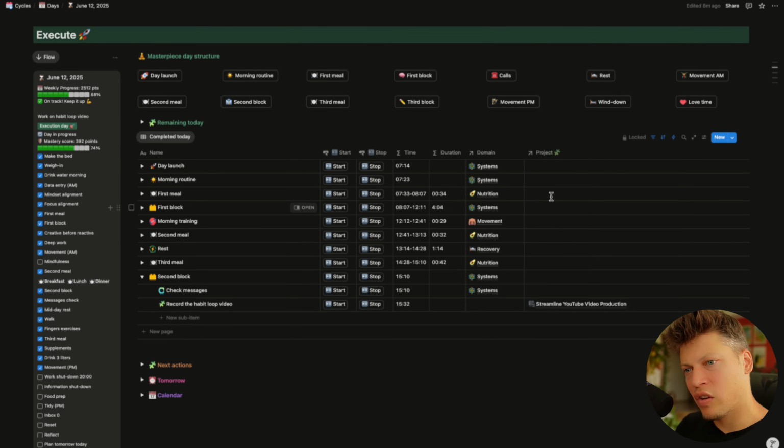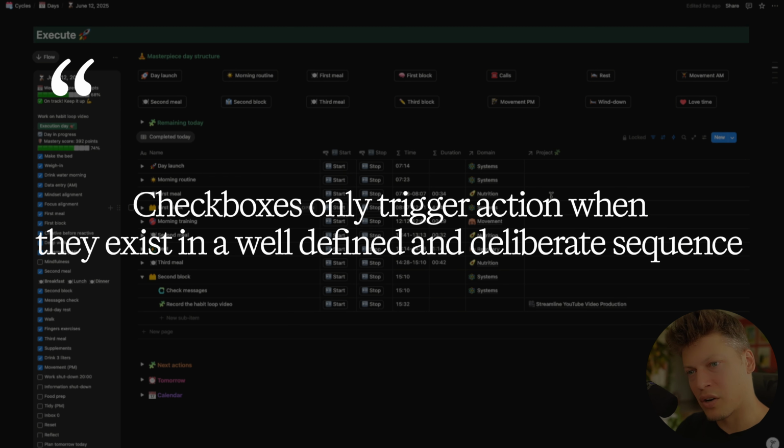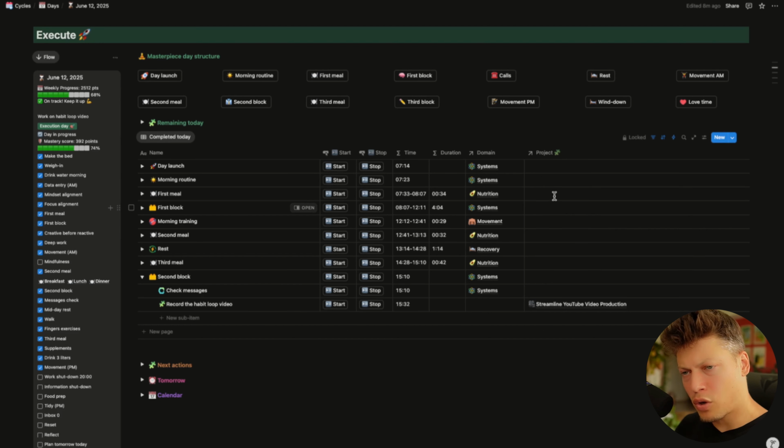The thing is that checkboxes only trigger action when they exist in this well-defined and deliberate sequence. If you have just a bunch of checkboxes, usually people use it only at the end of the day, but that's not using it to queue execution. That is just a tracking device. In this case, since they're arranged in a sequence, it very much queues the execution.